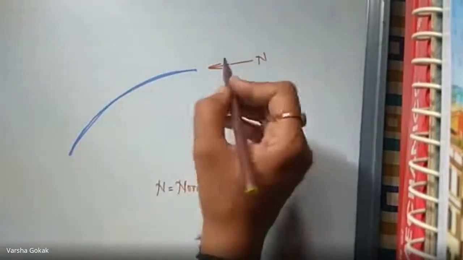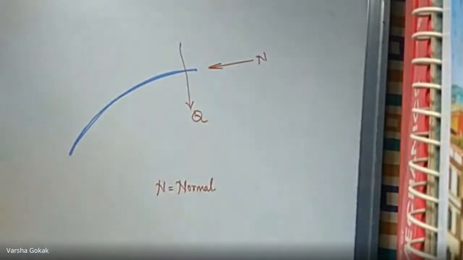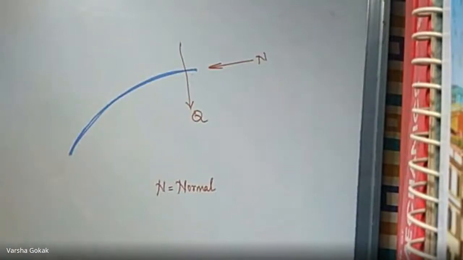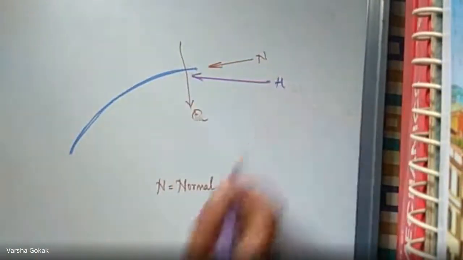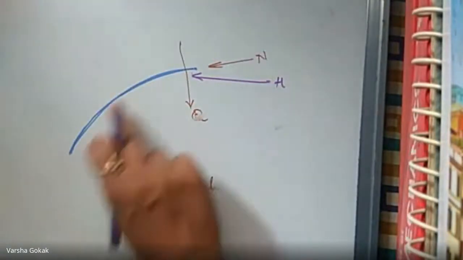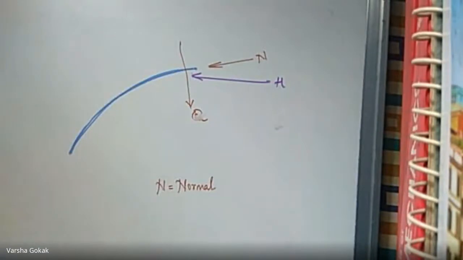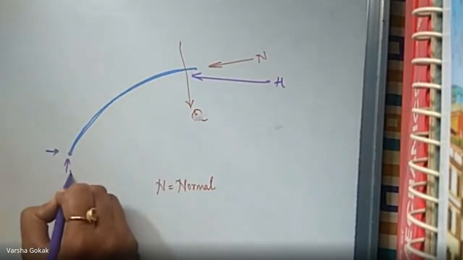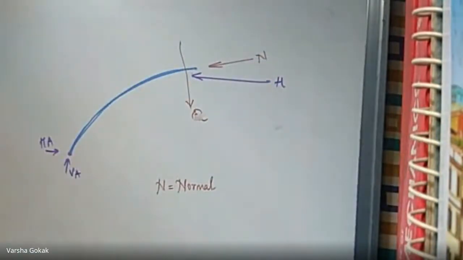Then you have something called Q, and you will have the horizontal force H acting, because whenever there is a curve coming, you will come across horizontal thrust, which we have seen yesterday when we were discussing. Apart from this, if this is a hinge, you will have HA and VA here, and the other way also, you will have the other junction.